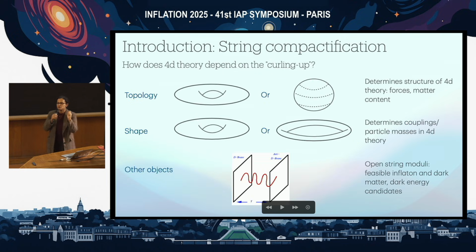Just to crudely show you what the scalar fields are that are going to drive this accelerated expansion, they can be from the extra dimensions, related to the topology and shape, or they can also be extended objects like D-branes. For my purpose, my scalar fields will be the shape of the extra dimensions.